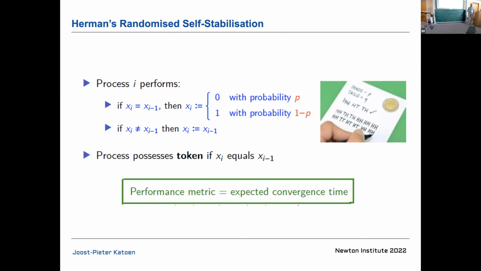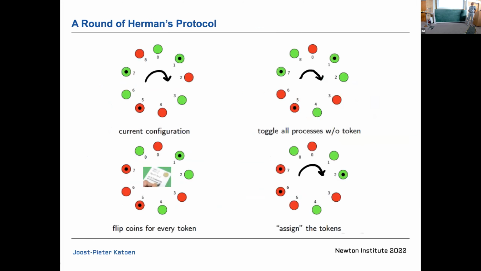Now the performance metric is: what is the expected number of steps until convergence? Convergence here means there is one token in the whole ring. This is self-stabilizing. Let's suppose this is my initial configuration. As Shankar already pointed out, all the processes without a token just toggle their color, because if you don't have a token, you take the color of your left neighbor.